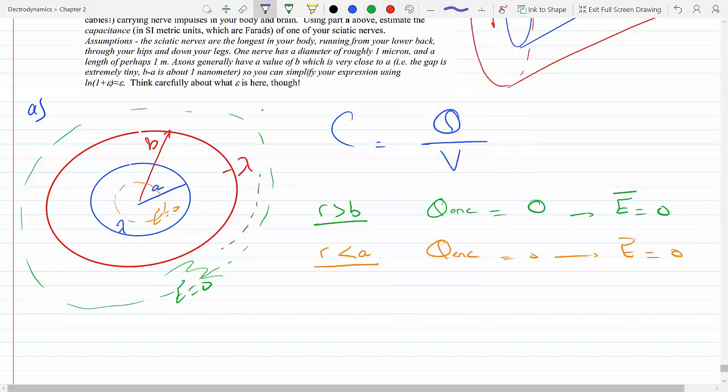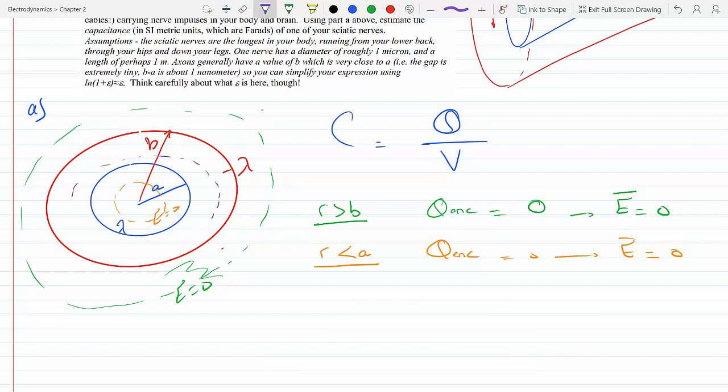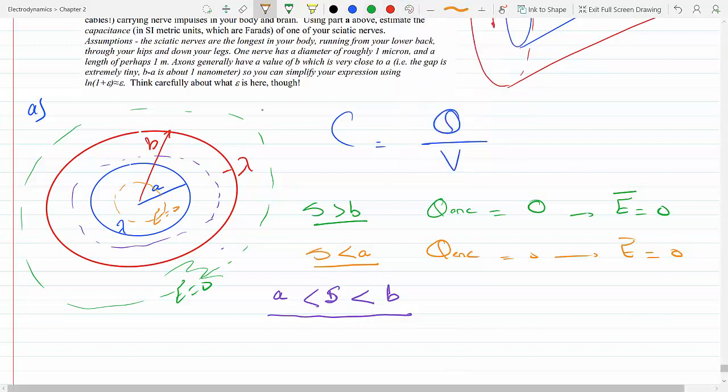If you take a Gaussian surface in between A and B, so this is where R, or let's call it S, since we are dealing with a cylinder, if S is between A and B, you will get an electric field, because now Q enclosed is not zero.